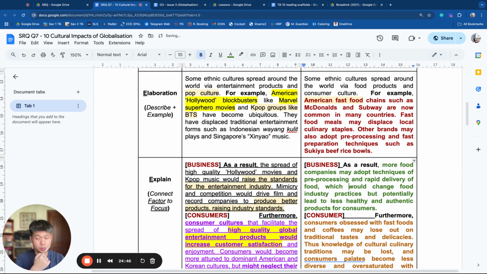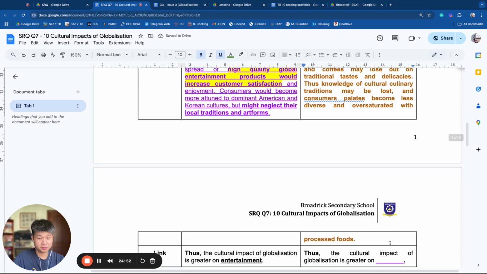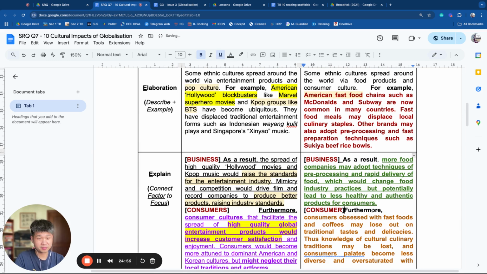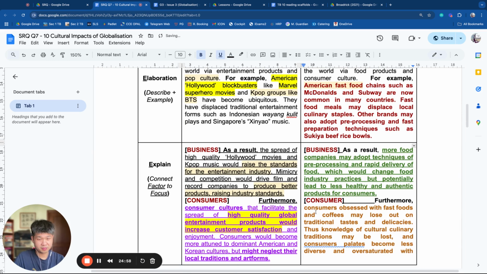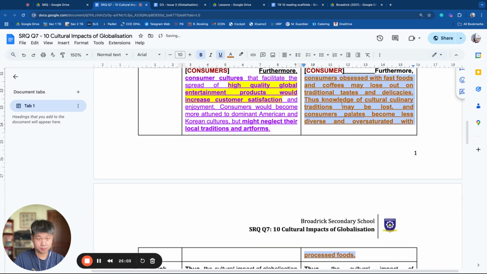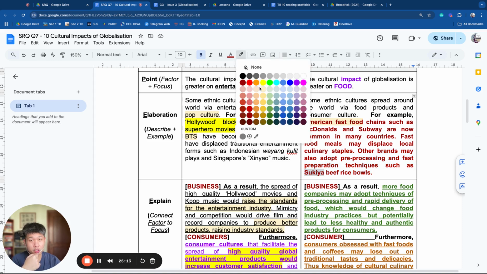Sorry, I think this would be a bit better. So I removed the coffee example and I put in Sukiya about how other brands learn from the fast food, and that is actually the impact of globalization.